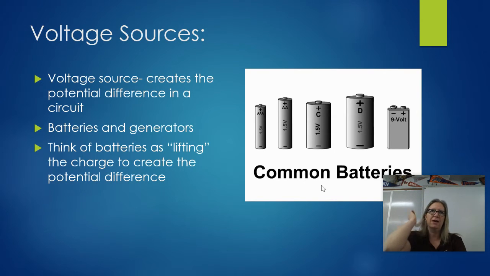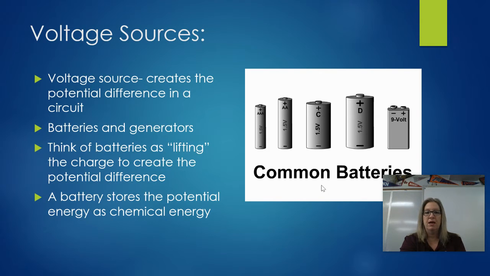So think of a battery as lifting the charge, okay? So we lifted our marbles for our skate parks to give it that initial potential energy. A battery is lifting the charge to create that potential difference, okay? And a battery really is nothing more than a chemical reaction. The lift, so to speak, is an ongoing chemical reaction within the battery.